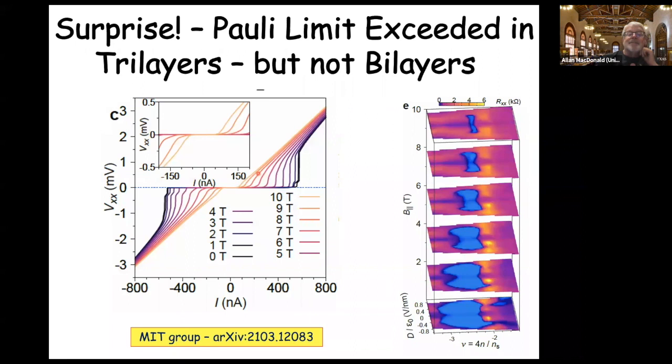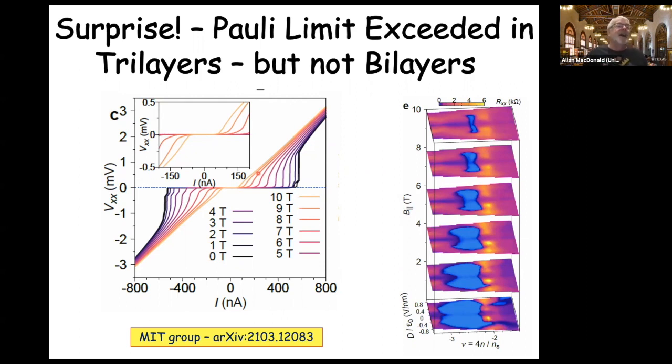And so to draw a line under that, one part of the physics of magic angle twisted bilayer graphene is a generalized form of ferromagnetism.